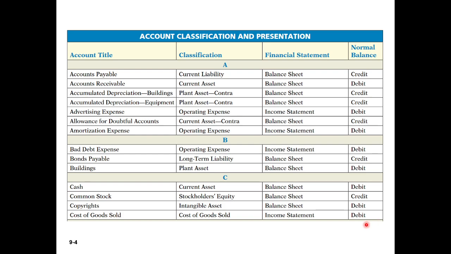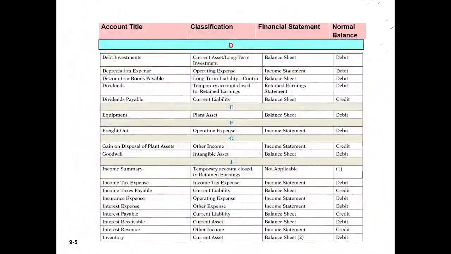Now we will move to the next slide. Here are the account title, classification, financial statement and normal balance. Now D: debt investment, depreciation expense, discount on bond payable, dividends and dividends payable. These are current asset, long-term investment, operating expense, long-term liability contra, temporary accounts closed to retained earnings, and current liabilities.